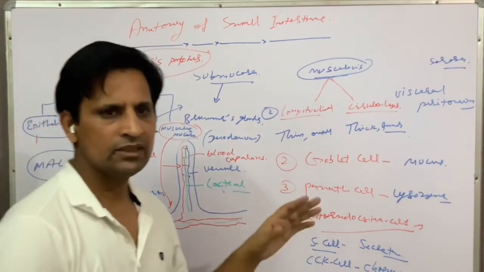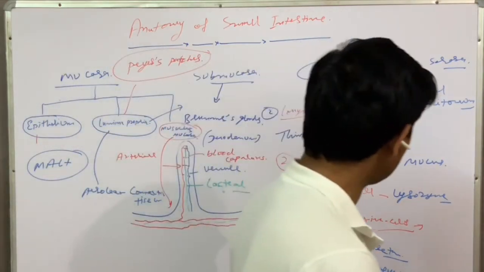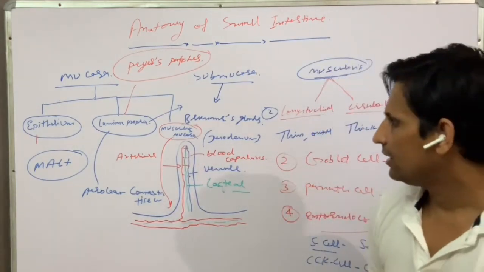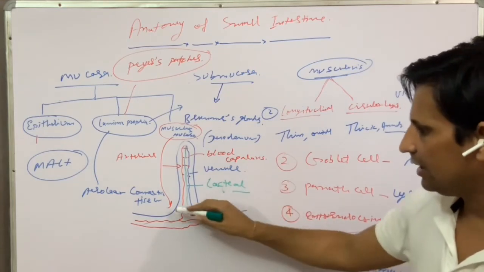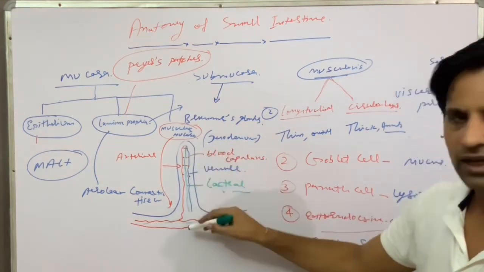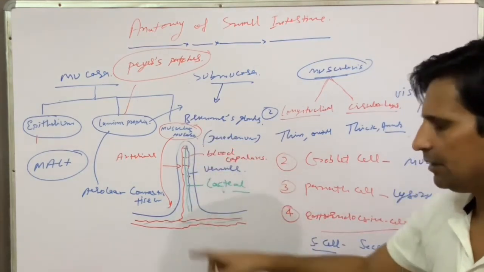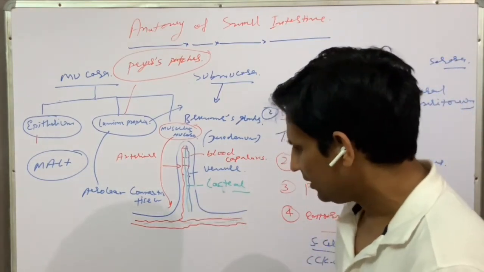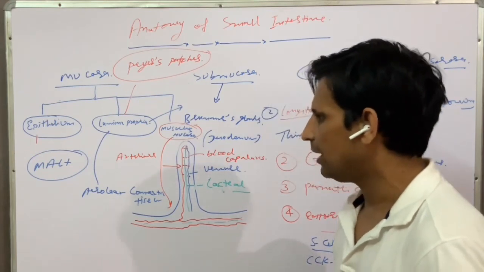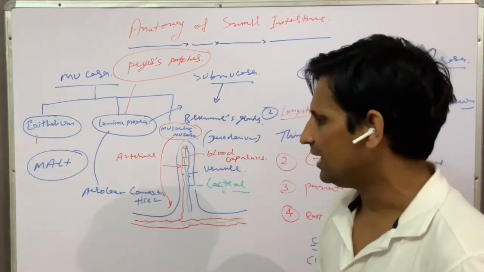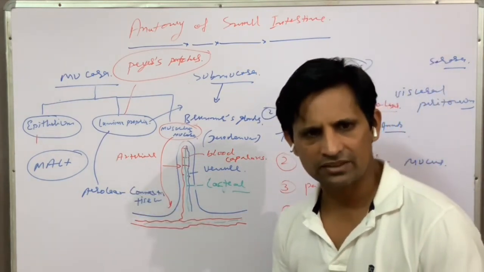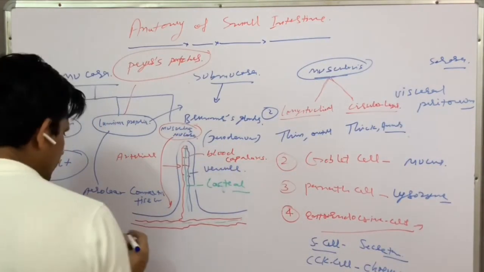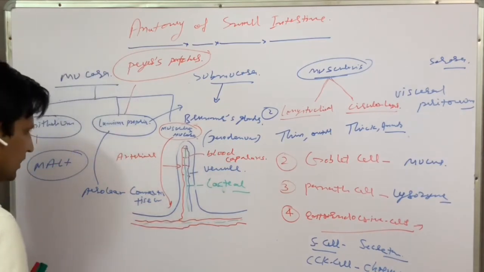So this was the basic structure. One more thing we should know, there are deep crevices in the wall of the epithelium, and these deep crevices are lined by the glandular epithelium. These crevices are also known as the crypts of Lieberkühn.